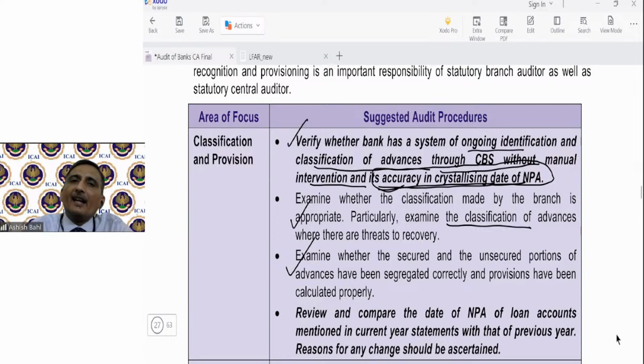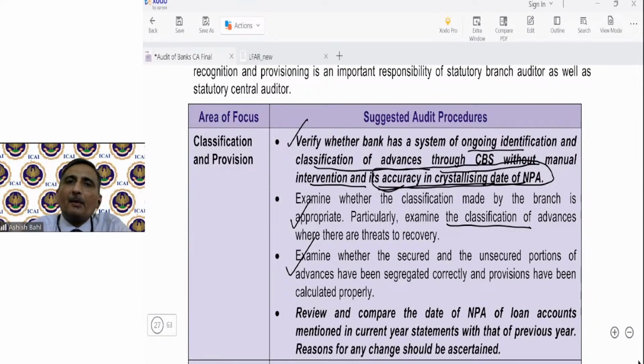So as a D1, as a doubtful asset, what would be the provision required to be made in the books of the bank? Simple question. It would be 25% of the secured amount.